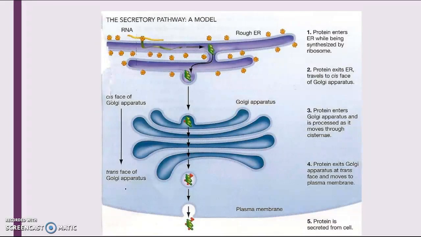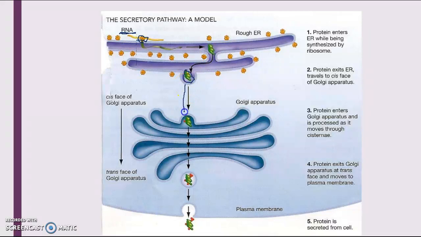So this picture outlines everything that we just talked about. We make RNA inside of the nucleus. RNA is our directions for making a protein. It goes to the rough endoplasmic reticulum where a ribosome, this is a ribosome, reads it and makes a protein. The protein, which is represented by this green, then enters into a vesicle.